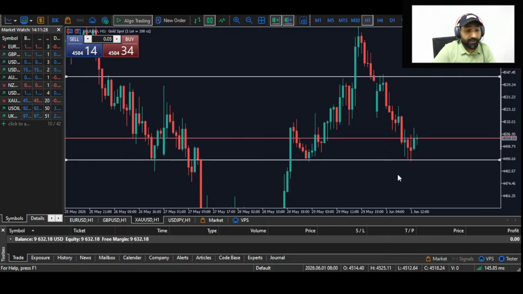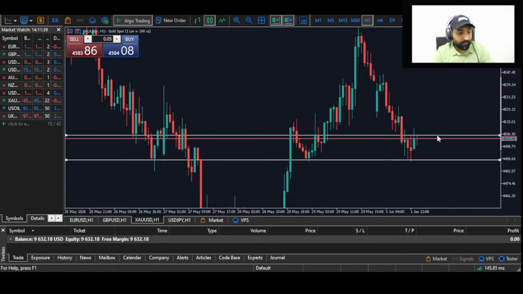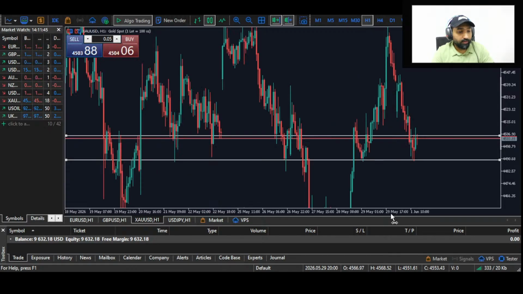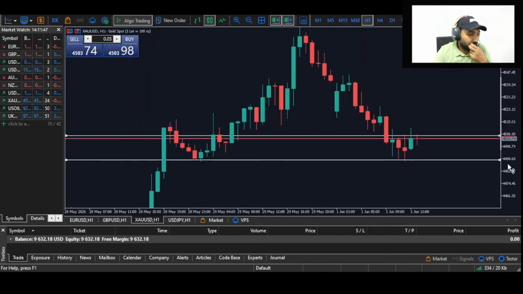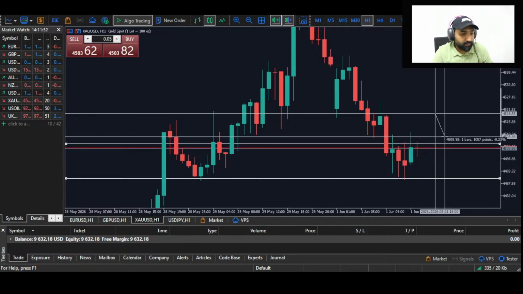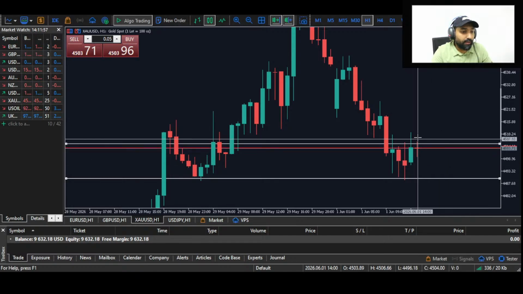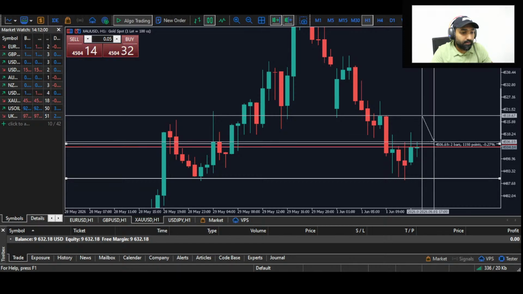Just 15 minutes, then we'll see what's happening for the charts. This is on 30 minutes. If we bring down our resistance, you can see that we have a clean range of about 130 pips, if not 130, about 125 pips.